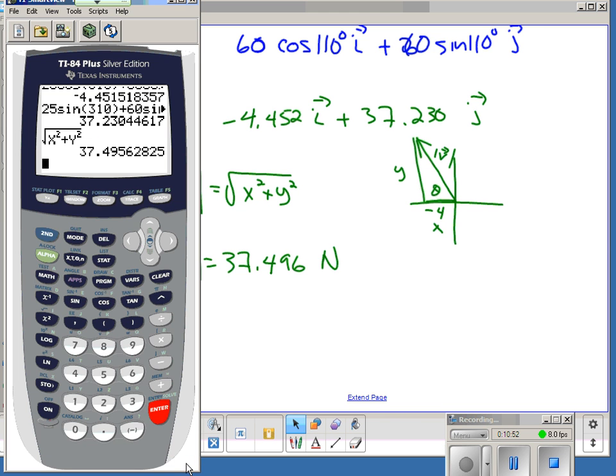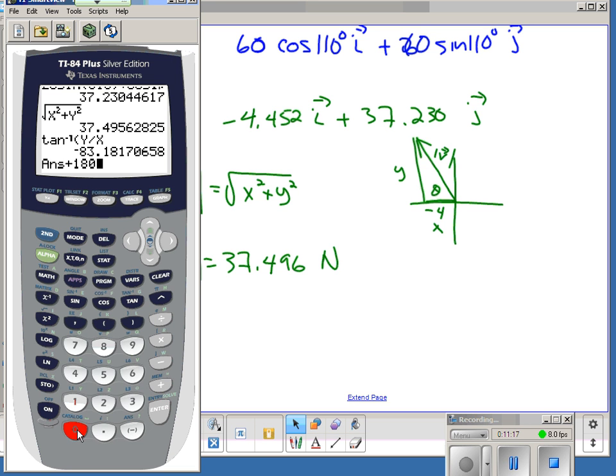Now my angle is going to be an inverse tan of my y value, alpha y, divided by my x value, because there's my picture, opposite over adjacent. And so negative 83, now that is definitely not the angle where I'm at, but that is my reference angle. So if I was at negative 83 and I add 180, that is what my standard position angle will be.